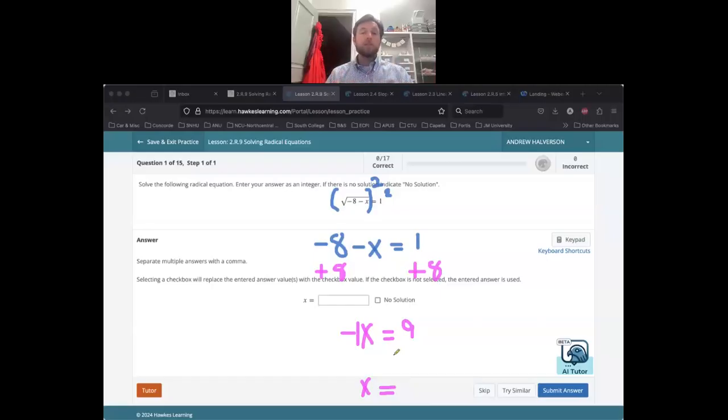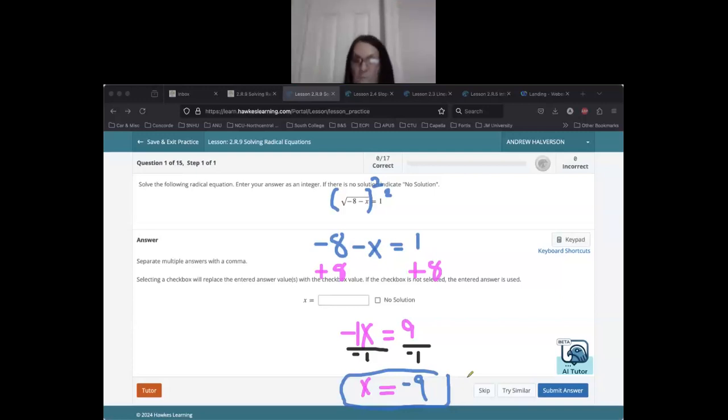Do the opposite, which means we divide. Divide by negative 1. So 9 over negative 1. And if you ever get stuck on your calculations, calculator time. That's the solution. X equals negative 9.